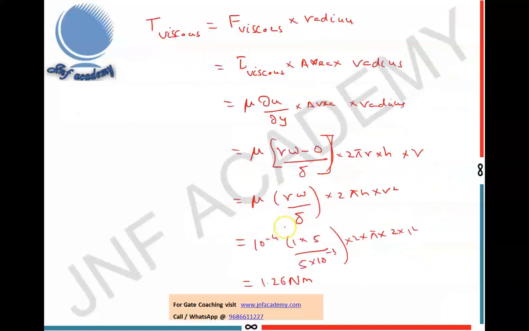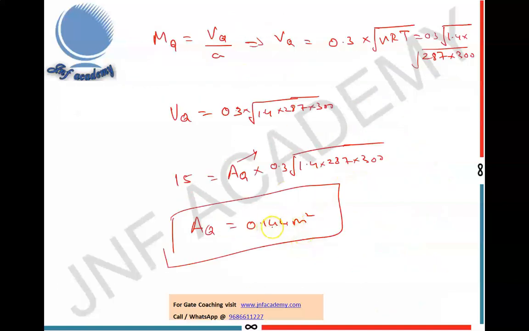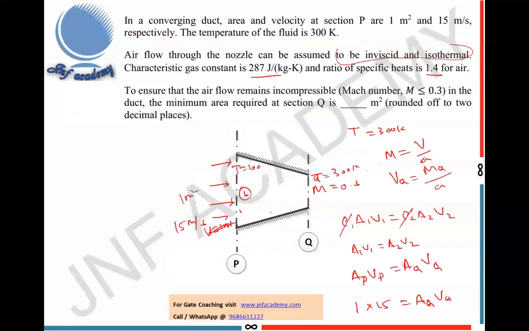If the area is greater than 0.144, that's fine, well and good. For example, if it is 0.2, still the Mach number will be less than 0.3. But if it goes below 0.144, then the Mach number will be more than 0.3, and then they cannot maintain the incompressibility. So that's the reason the minimum area required at section Q is 0.144.